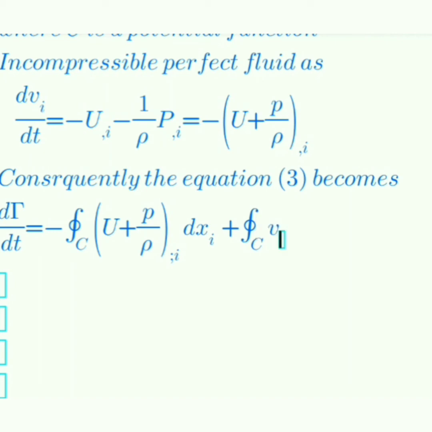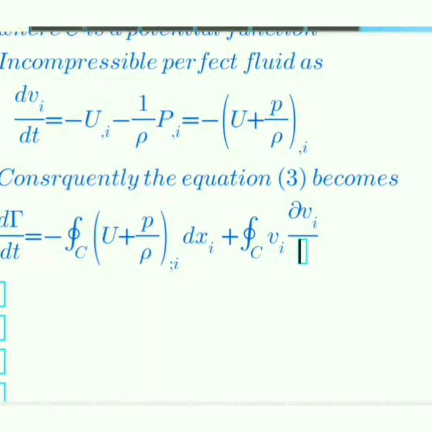And after that, whatever we get, vi comma del v. After that we get vi del vi comma del xi into dxg.